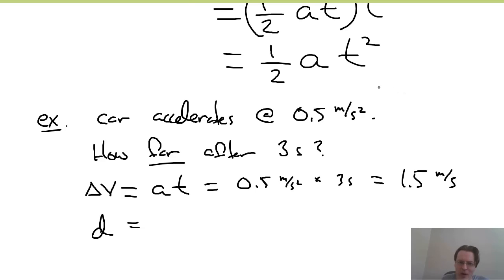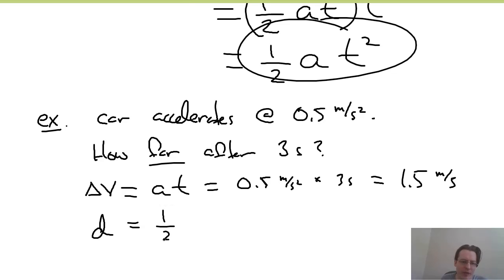I want to know the distance that it's traveled, and therefore, I should use the result that I derived here. 1/2 a t squared gives you the distance. Let's check that. Acceleration is a half, 0.5 meters per second squared, multiplied by the time squared.